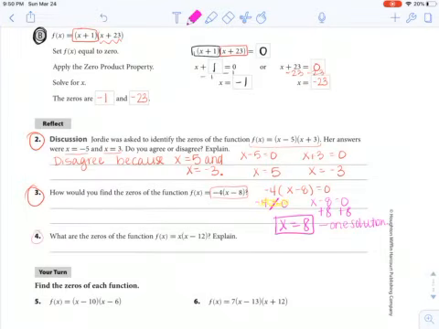So for number 4, what are the zeros of the function f of x equals x times the quantity of x minus 12? We set it equal to 0 and break it apart. So we have x equals 0 and x minus 12 equals 0. We know that 0 and something will be solutions.